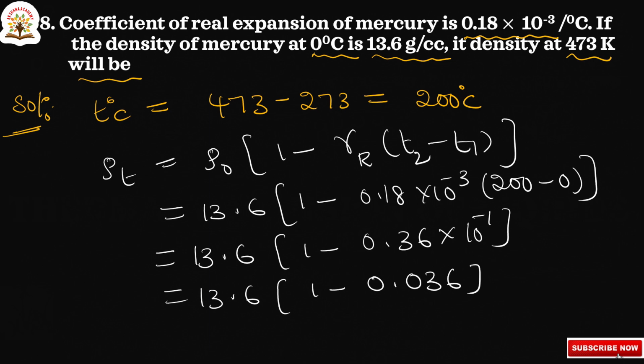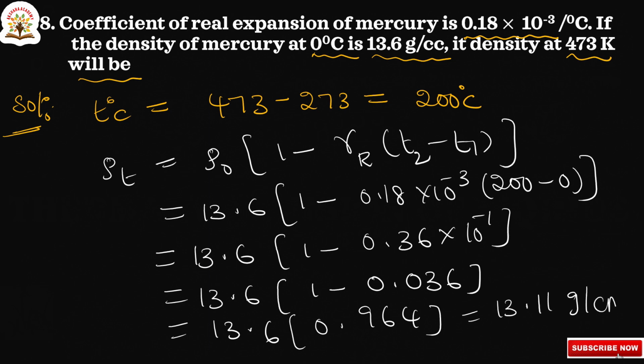So 13.6 into (1 minus 0.036), it becomes 13.6 into 0.964, which is 13.11 gram per centimeter cube.